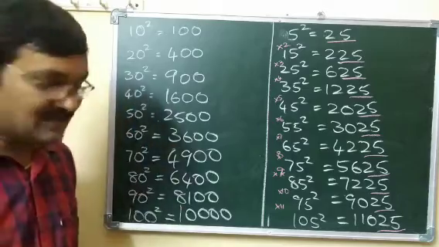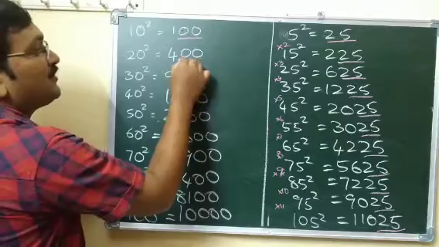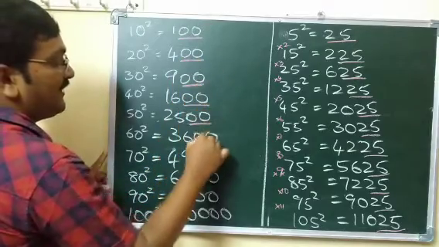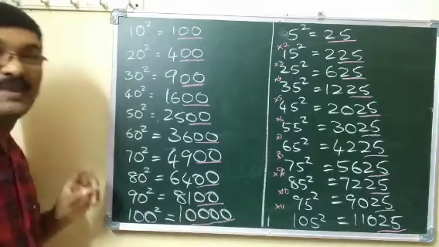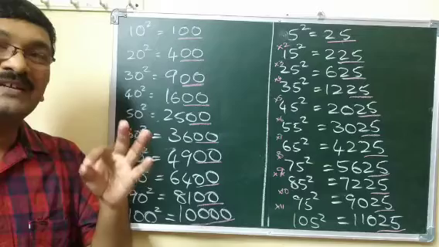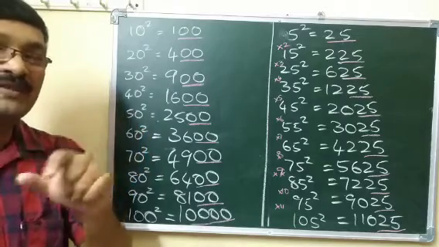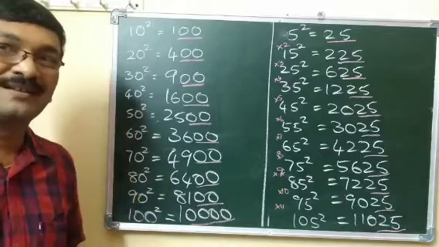And now here some points you want to remember. Here how many zeros are there? 2 zeros. See, every time in a perfect square number, we will get an even number of zeros. Suppose 1000, if I take 1000, it is not a perfect square because 3 zeros are there.